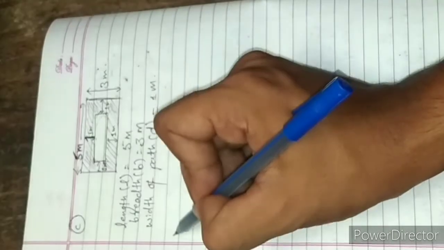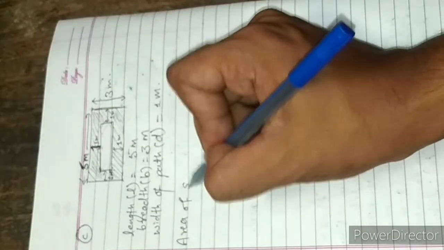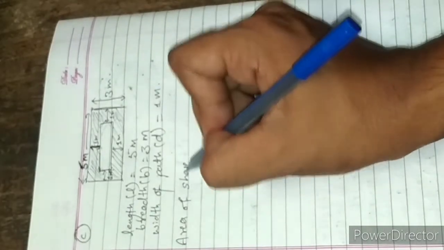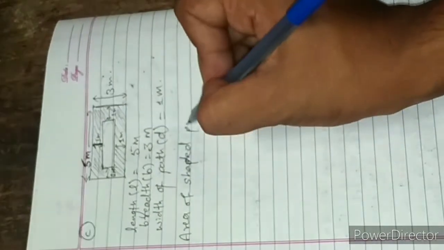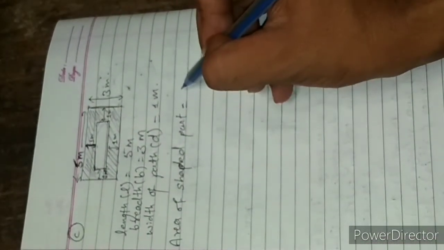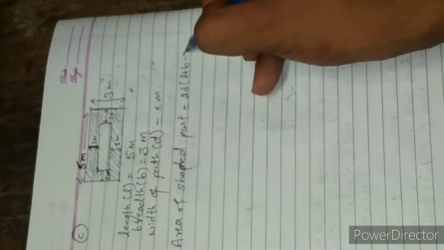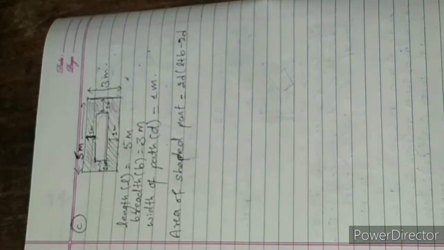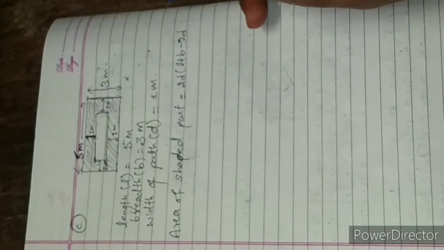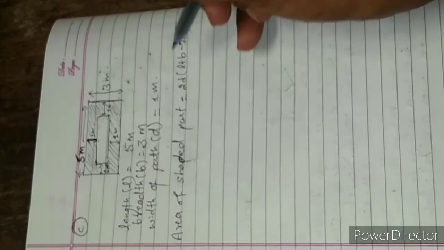Now it is inside, that is why we have to find the area of the shaded part, meaning the area of the path running inside. What is the formula for running inside then? 2d(L plus B minus 2d), because it is inside.